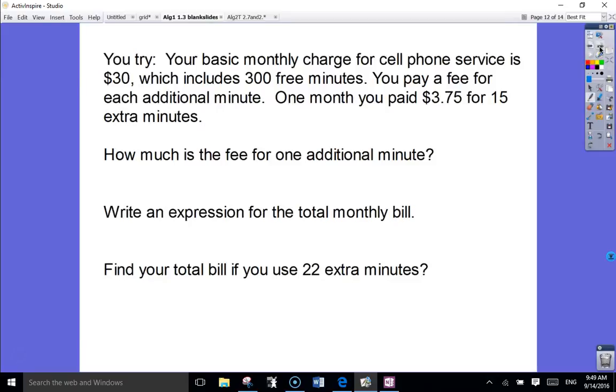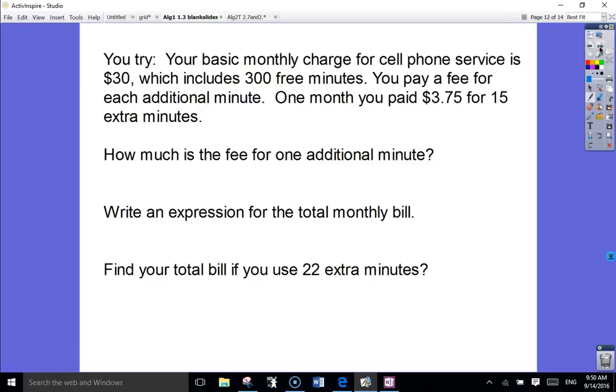Okay, so here's a you try. And you don't even have to use any of this math. My guess is that if you were presented with this problem and just tried to figure it out, you'd figure it out. But we will go back and do it that way. But try to understand the problem. Your basic monthly charge for a cell phone is $30, which means you get 300 minutes free. You pay a fee for each additional minute.